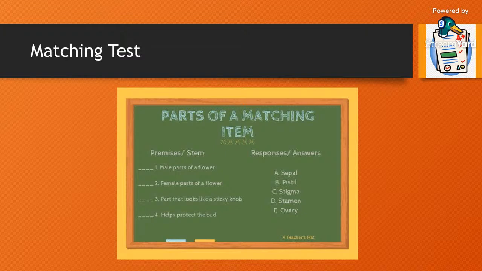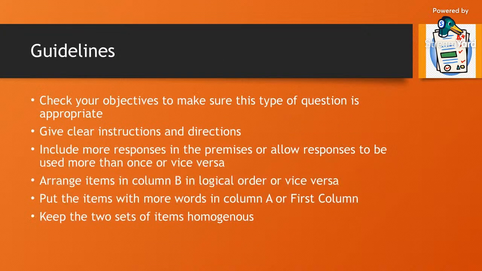So if you want to ask questions about presidents and their vice presidents, for example, so dapat puro ganun lang yung tanong. Okay, or for example, kung operations involving polynomials, for example, puro ganun lang yung ilalagay nyo doon sa matching test.